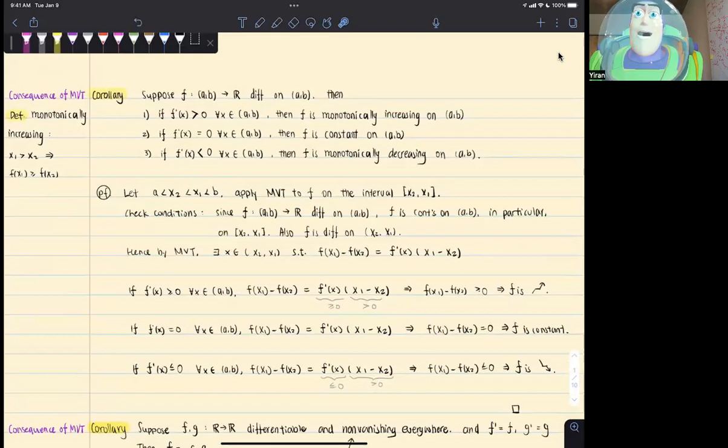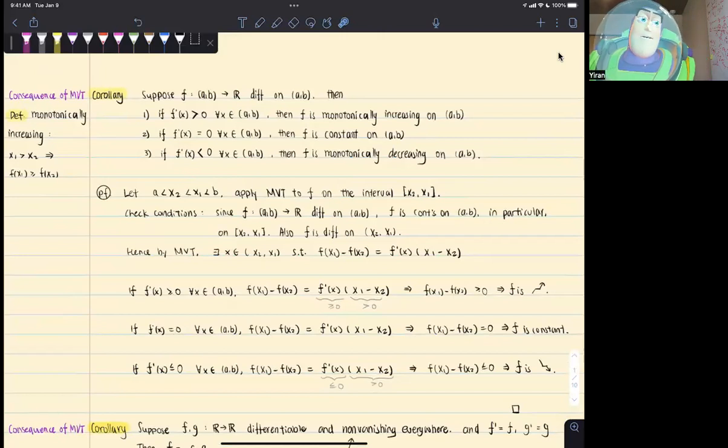And we also have the component b minus a, which you can think of as the distance of the interval (a, b). So if you recall, the definition for monotonically increasing is, whenever x2 is larger than x1, f(x2) is larger than f(x1), right?